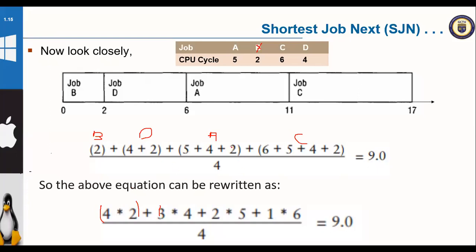We are trying to find a formula that we can use to calculate the average turnaround time. So now follow closely and tell me where the 4 by 2 came in. Yes, sir. The 4 by 2, we got it from the 4 which represents the number of jobs given. And the 2 represents the CPU cycle, the lowest, which is B's 2.